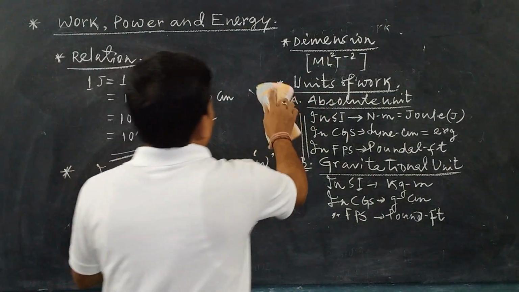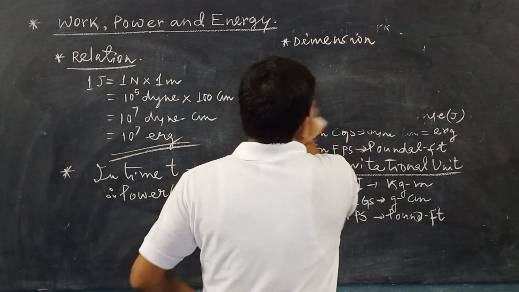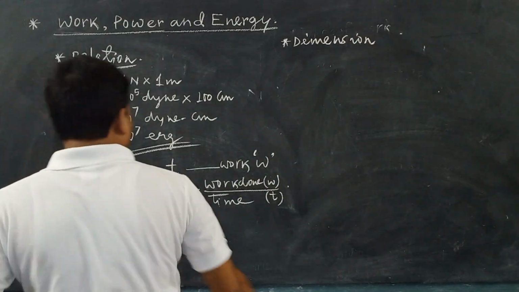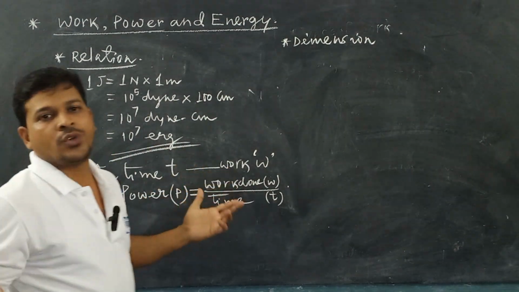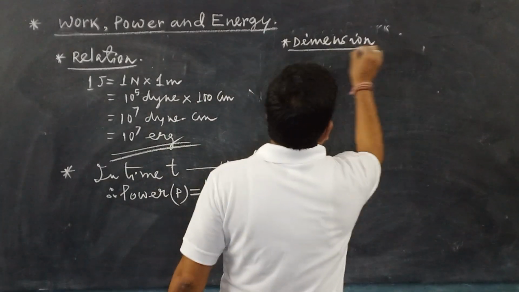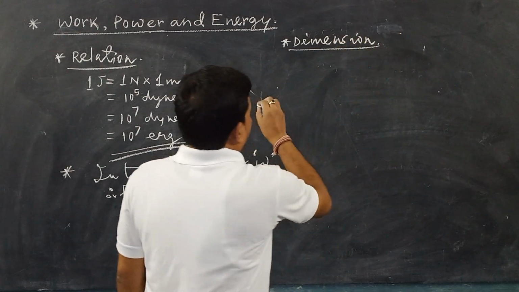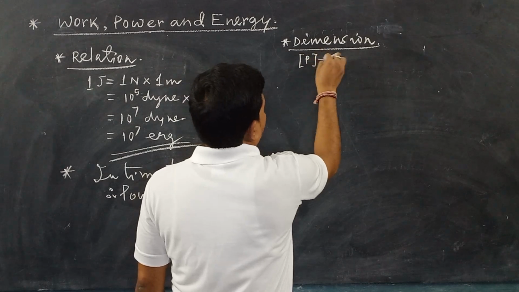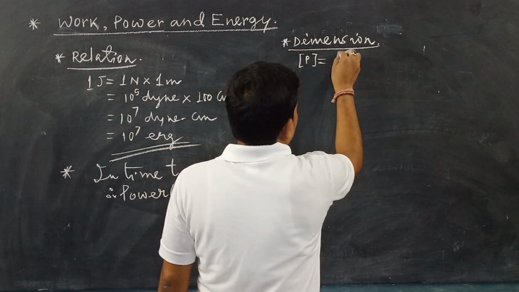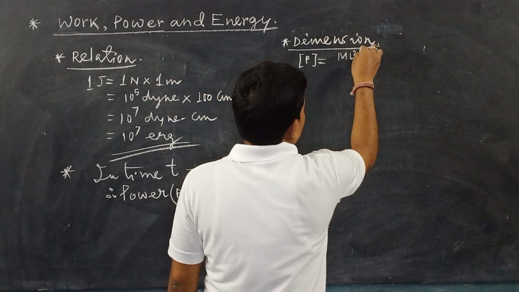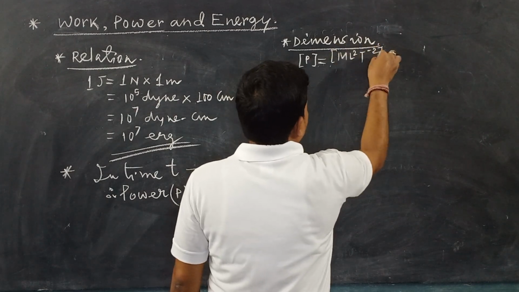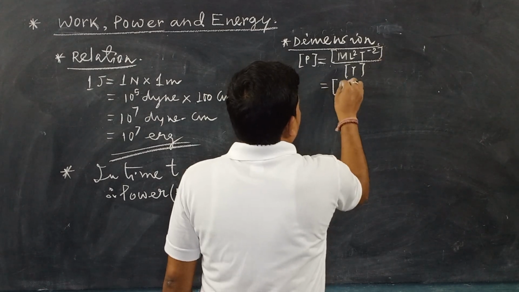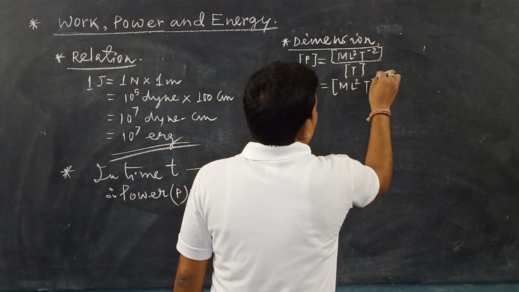Power is also a physical quantity, and we can calculate its dimension, its unit, and the relation between them. This is very important for the dimension. The dimension of power, denoted by capital P, is equal to the dimension of work done, M L square T to the power minus 2, divided by T. This is equal to M L square T to the power minus 3.